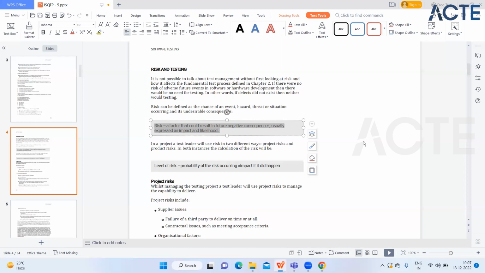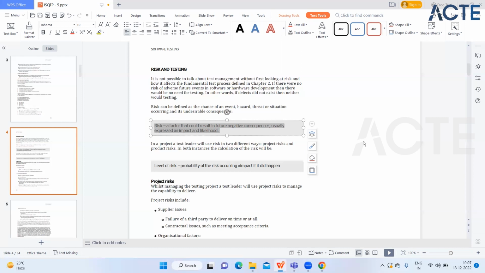So it's a kind of future negative consequence. In the future, what negative situations could come. Usually we define the impact and the likelihood of that impact. So that is risk.